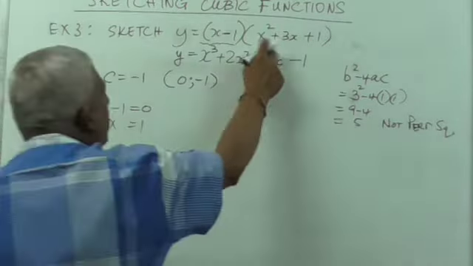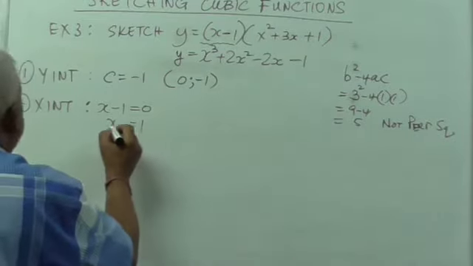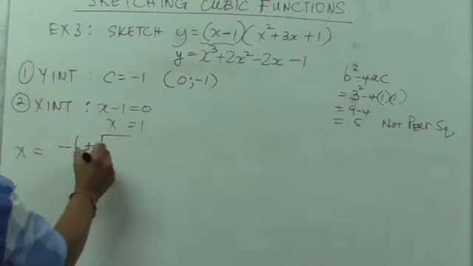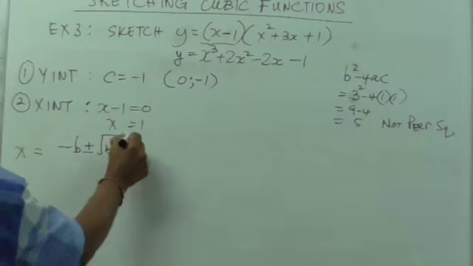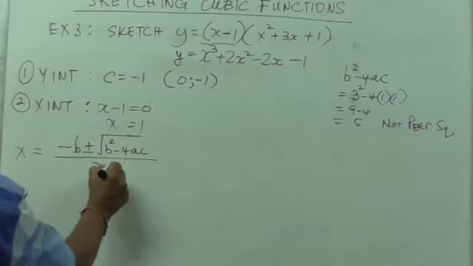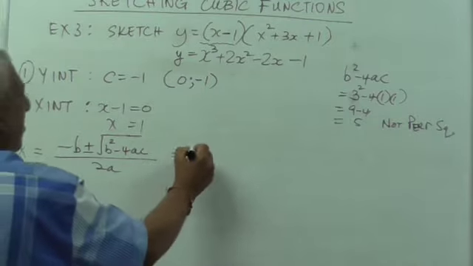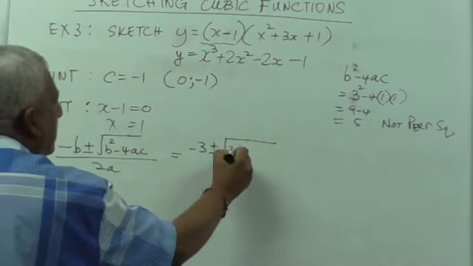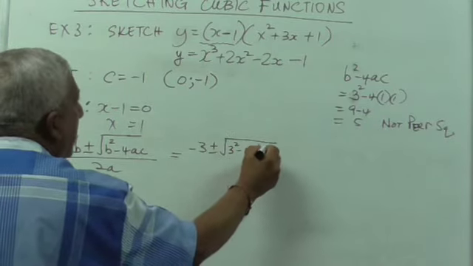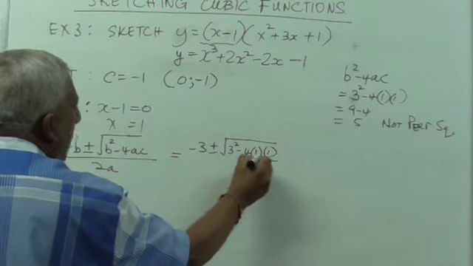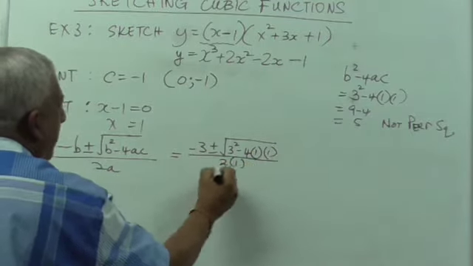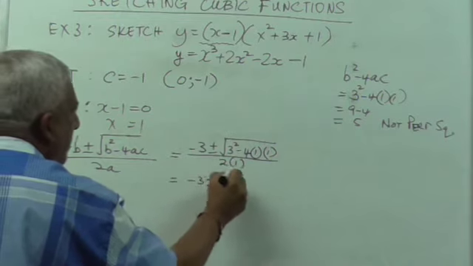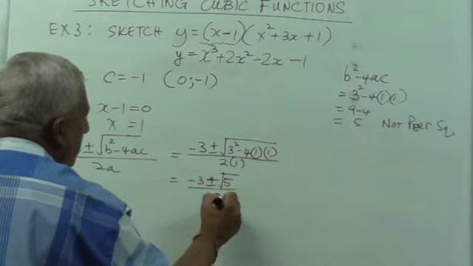So if you're using the formula on this, then you're going to say, well, x is equal to minus b plus or minus the square root of b squared minus 4ac all over 2a, which will give you minus 3 plus or minus the square root of 3 squared minus 4 into a into c all over 2 times a, and that will become minus 3 plus or minus the square root of 5 all over 2.